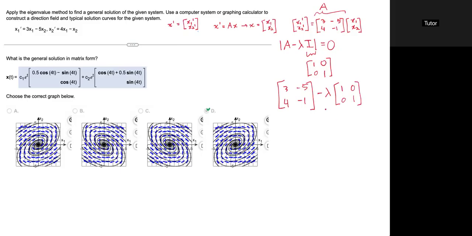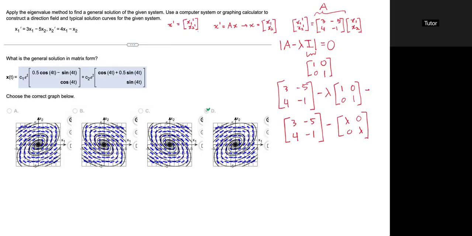So lambda times this matrix is simply equal to lambda 0 and 0 lambda. So we'll plug that in there. So this will become 3, -5, 4, -1, minus lambda 0 and 0 lambda.